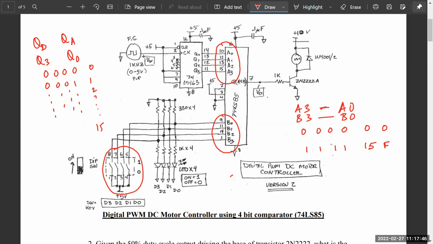So if B is set to 1111, well, guess what would happen? For all instances, A is going to be less than B, except when A goes to 1111. So for 15 out of 16 cycles, A will be less than B. So you would have the highest percentage of the duty cycle, 15 out of 16. That ratio would give you the percentage of on and off.